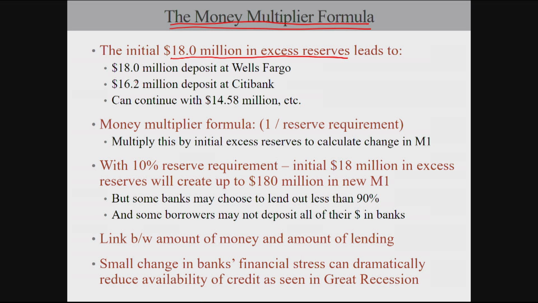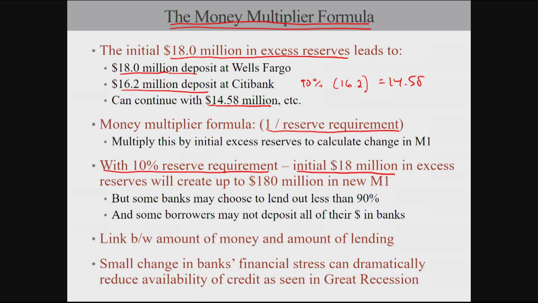This ended up leading to an $18 million deposit, a $16.2 million deposit. 90% of 16.2 is 14.58 million. And this continues. Basically, you multiply that initial excess reserve amount times 1 over the reserve requirement. So with a 10% reserve requirement, that initial $18 million can create up to $180 million in new M1. There's like a multiplier effect associated with this.